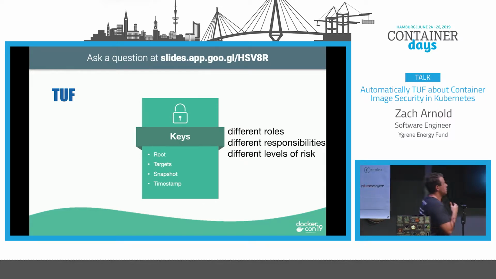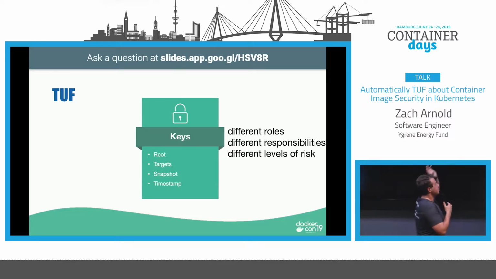Each of these keys plays a different role, which means it has different responsibilities and therefore different levels of risk. A root key is responsible for signing every piece of software that an entire namespace comprises. A target key would be a specific piece of that software. A snapshot would be a specific revision of that particular target. And a timestamp would be the most recent iteration of that particular snapshot.